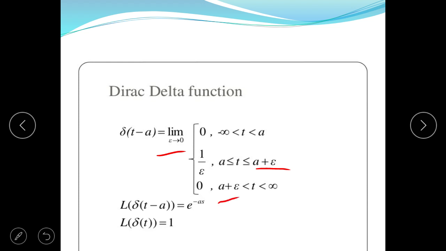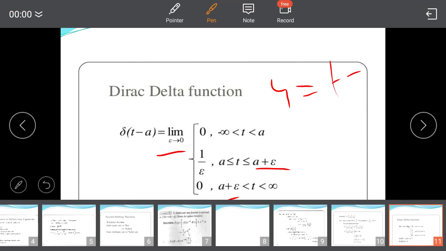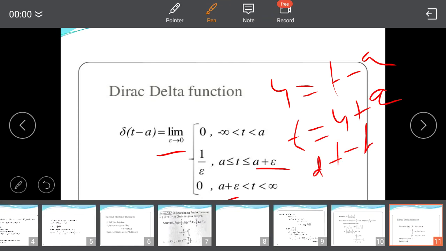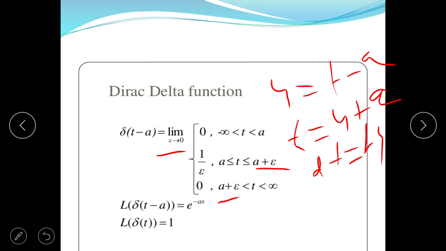It can also be simplified. We know that using the shifting theorem, u is equal to t minus a, so then t is equal to u plus a, dt is equal to du. Now we can take the Laplace of the function del u, then the Laplace of del u is equal to 1.